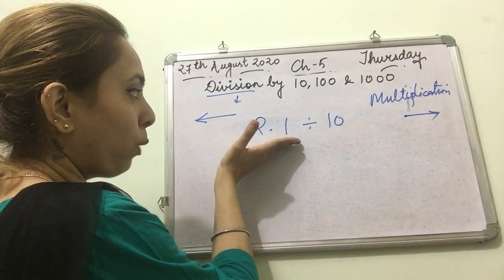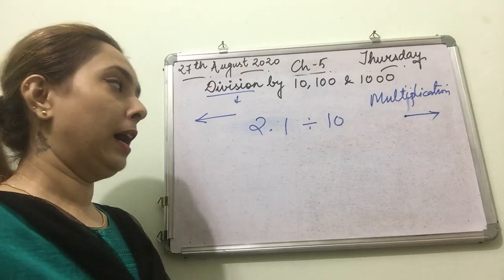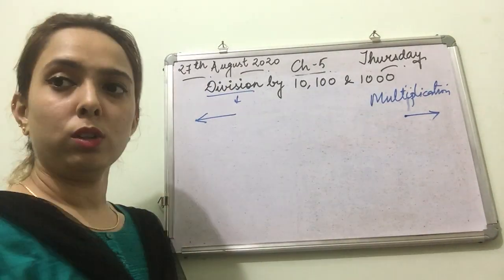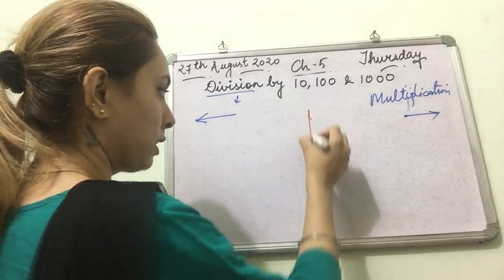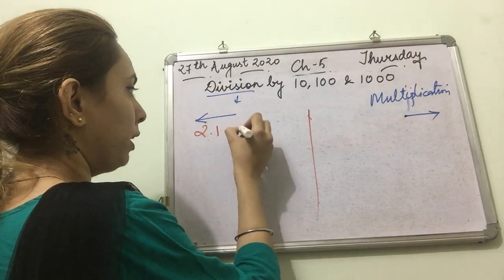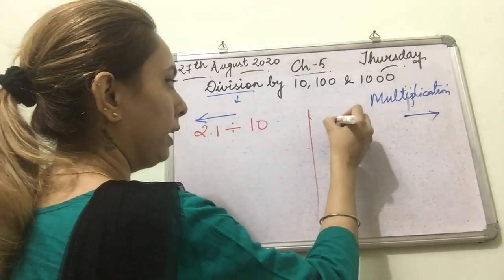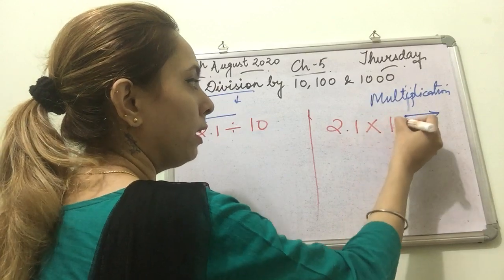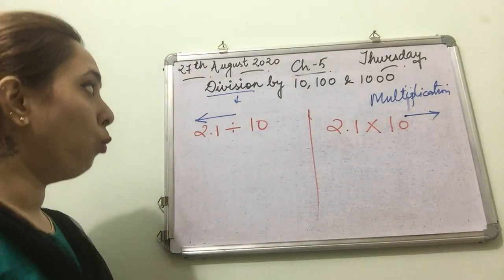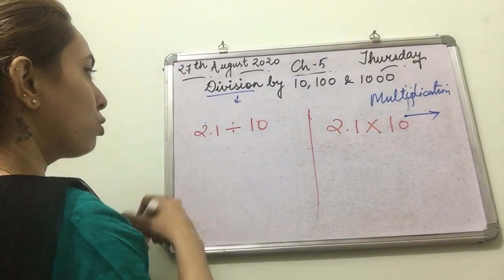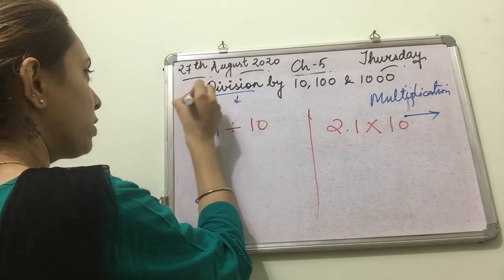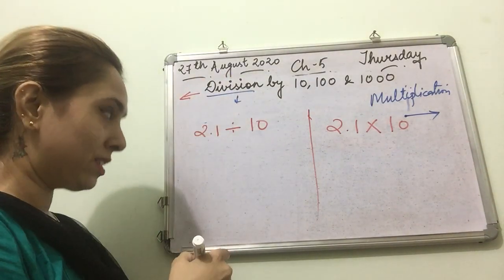So this is 2.1. I am just clearing it out by showing both the ways: 2.1 divided by 10 and here 2.1 multiplied by 10. In division, the point will be shifted towards the left side.